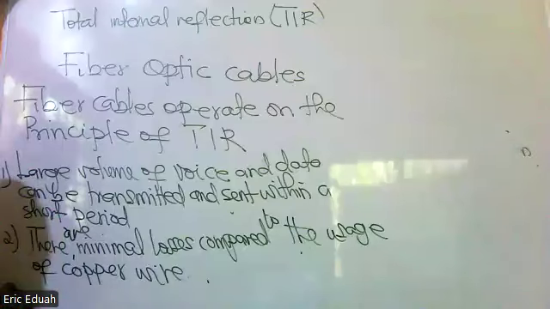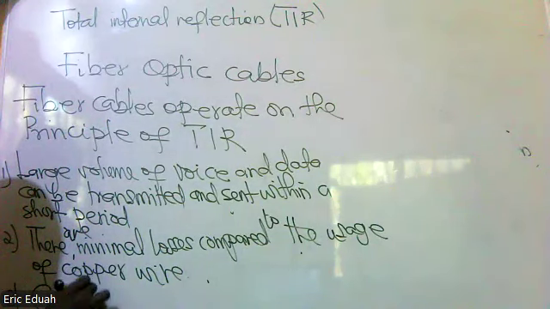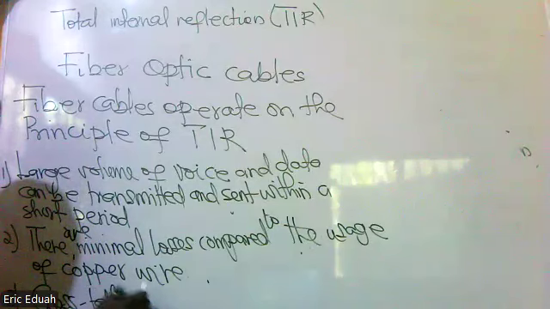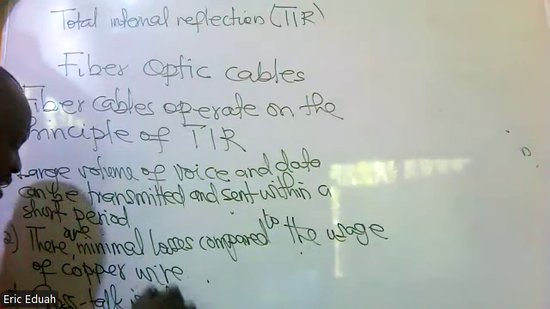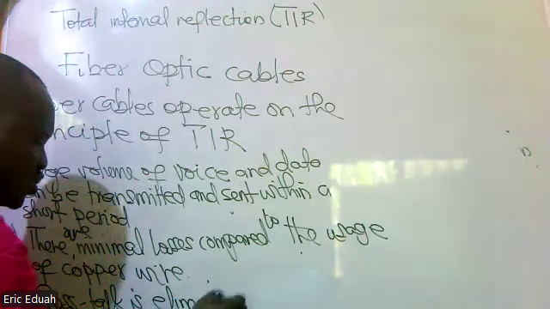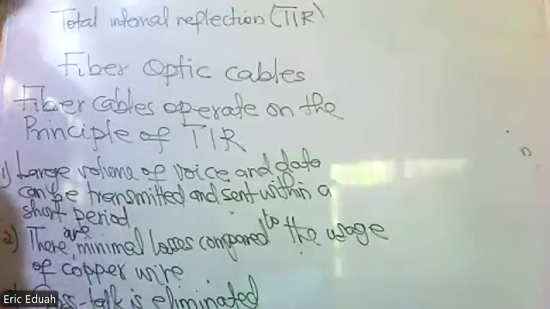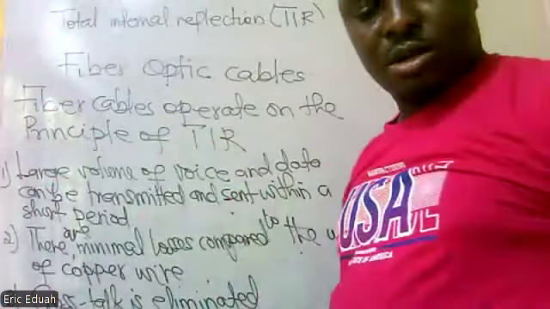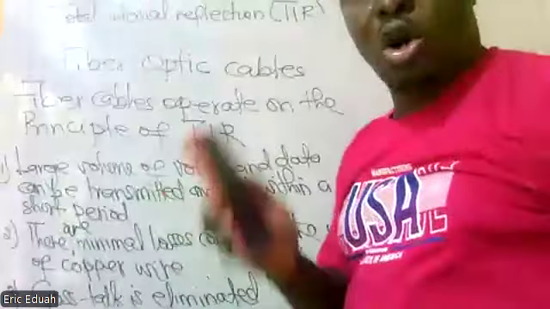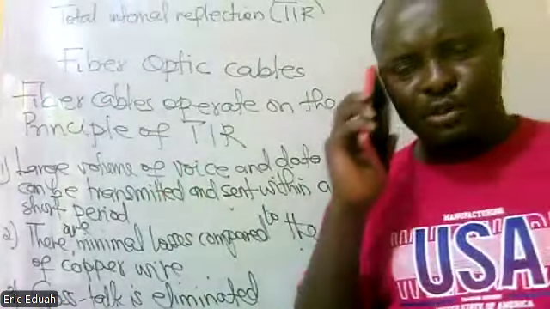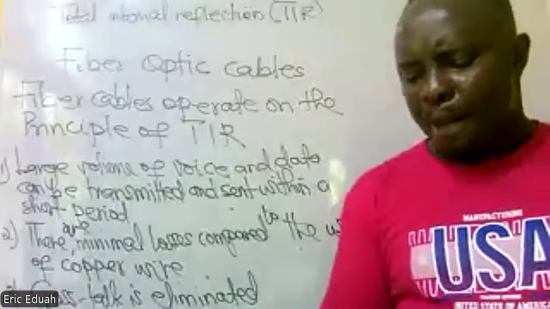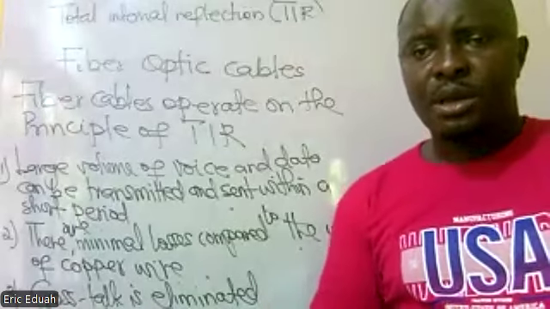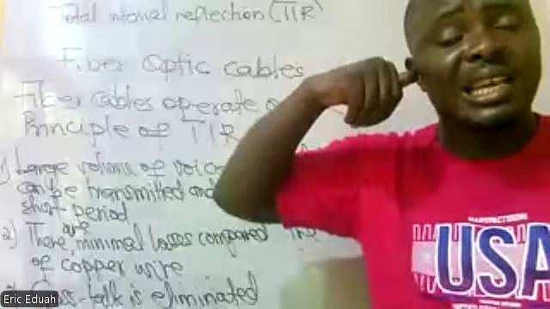Then the third advantage is that crosstalk is eliminated. What is crosstalk? I don't know if you've been on the phone while somebody else's call also comes into your phone. This happens mostly in house LAN cables.